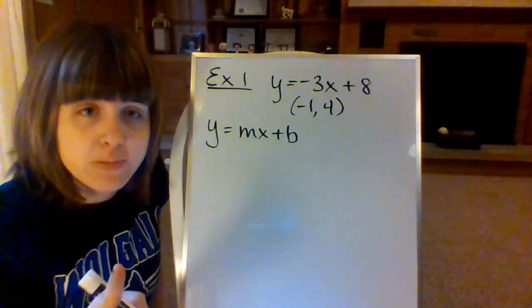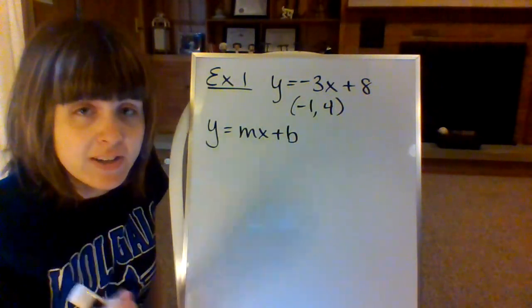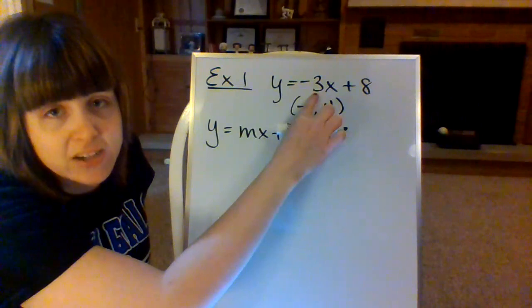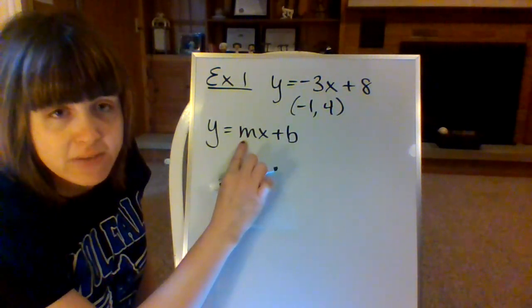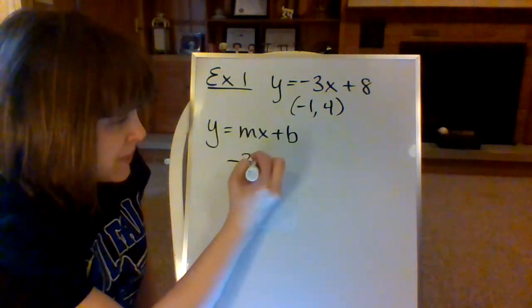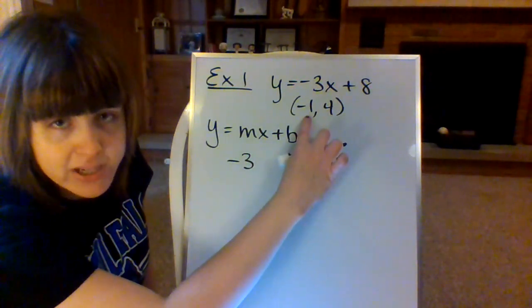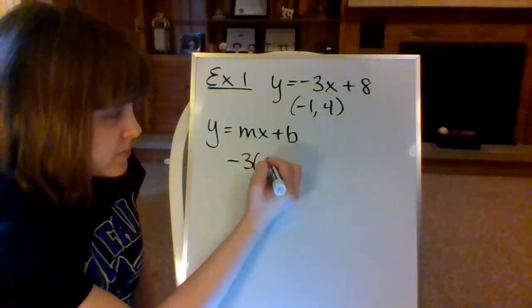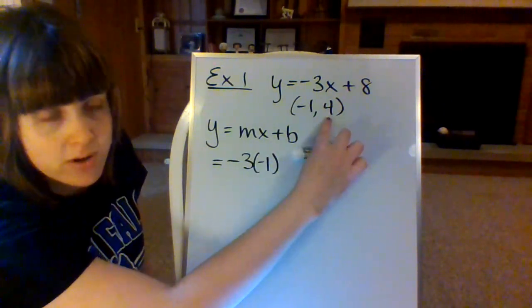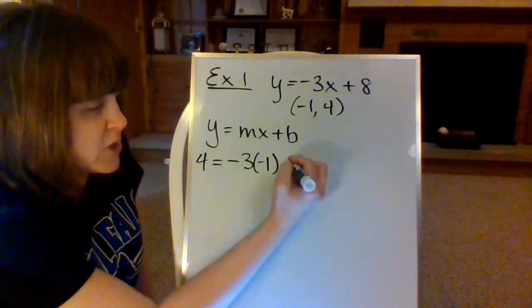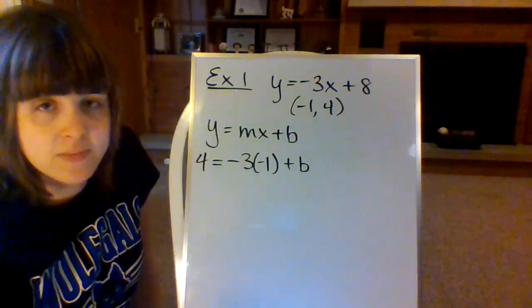Now, I know their slopes have to be the same because they're parallel lines. So the slope here was -3. So right here for m, I'm going to put a -3. The x of my point is -1. The y of my point is 4. And I'm trying to solve it for b.